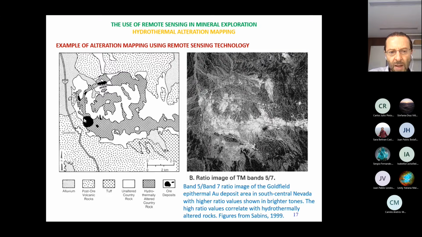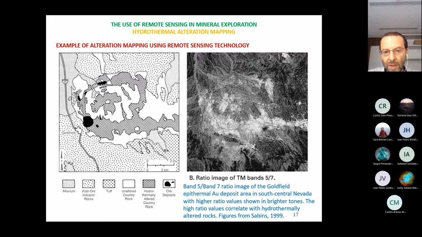And you see from the geological map, this is to illustrate how we can use these technologies. So the distribution of the alteration, these are the rocks that suffered this alteration. And look at the imagery, processed, how nicely it fits with the geological map.